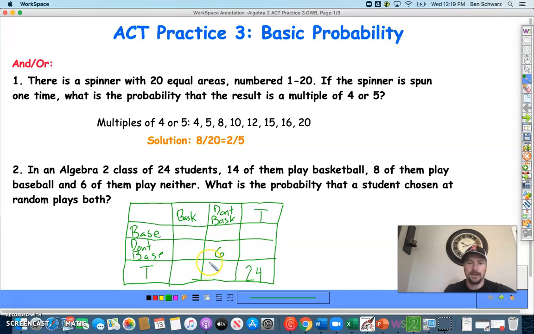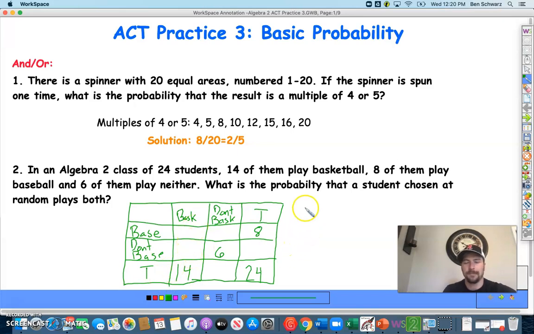Then we look at how many play baseball. 8 play baseball. And for basketball, we have a total of 14 that play basketball.